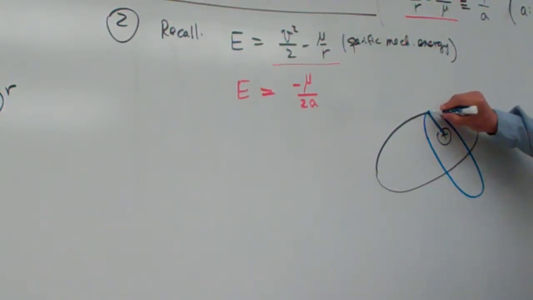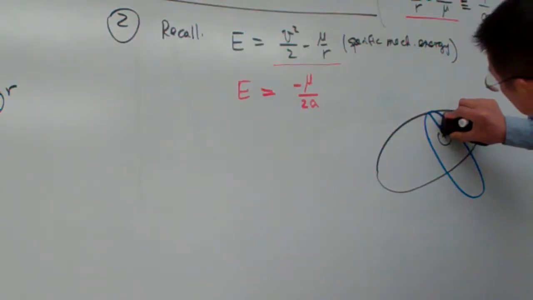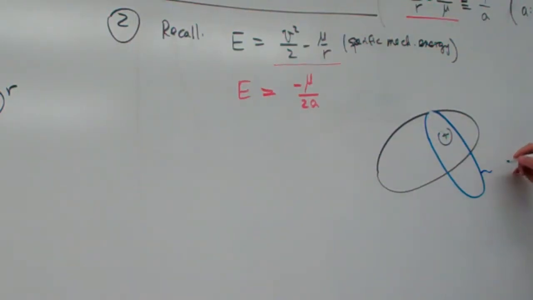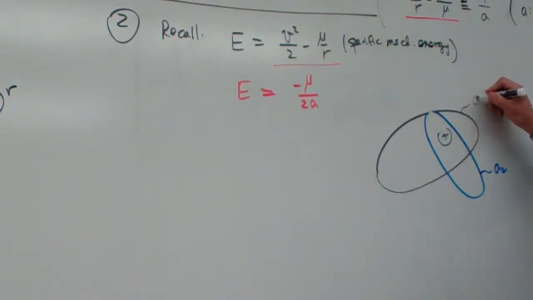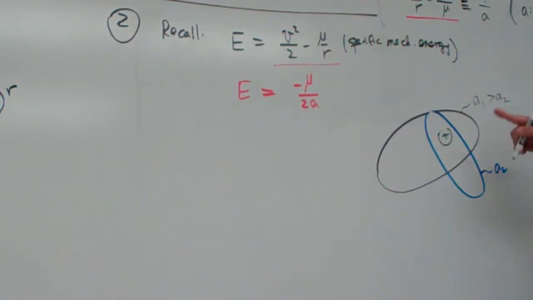For this orbit, it has the semi-major axis A2. And for this orbit, it has the semi-major axis A1. So for example, A1 is greater than A2, which means this orbit is larger than the blue one.